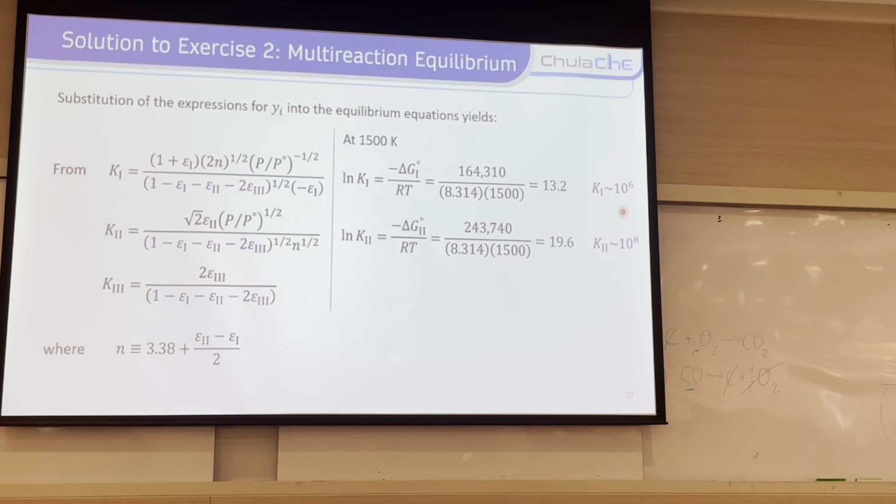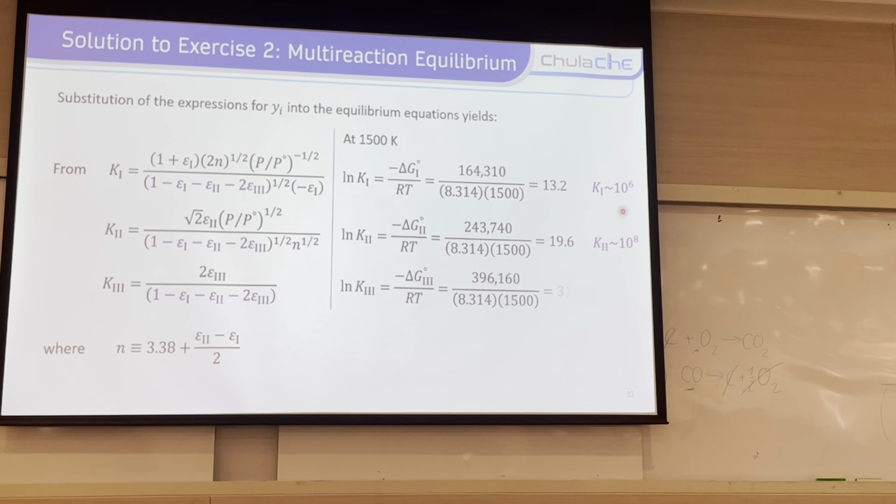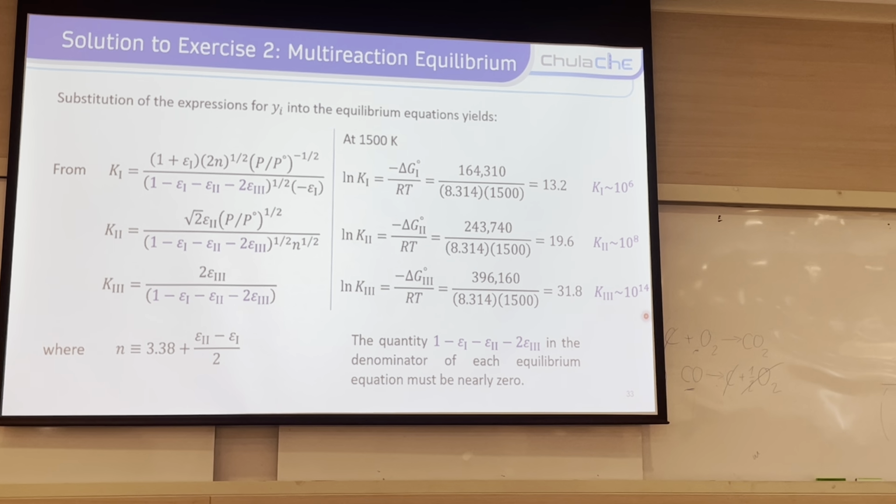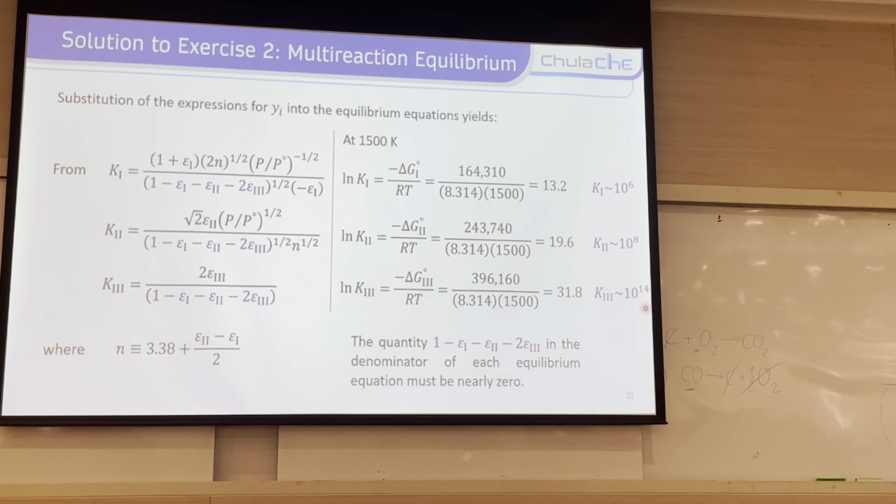And for reactions number 2 and 3, you get values of the equilibrium constant up to 10 power 14, which is a very large value. From this estimation, it means that the equilibrium constants are very large.